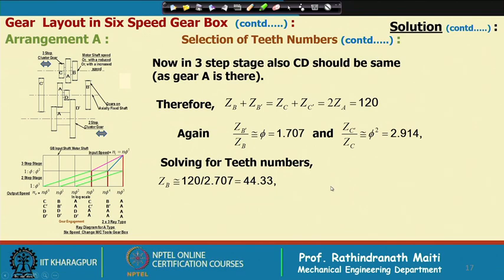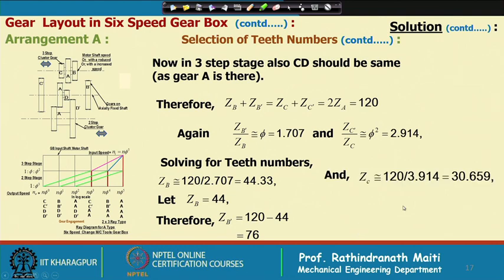B should be equal to 44.33 if we would like to keep the exact ratio, but it is not possible. So, we can go for either 44 or 45. In that case, since an even number helps in more interchangeability, we have kept the teeth number Z B as 44, and clearly Z B dash will be 76.